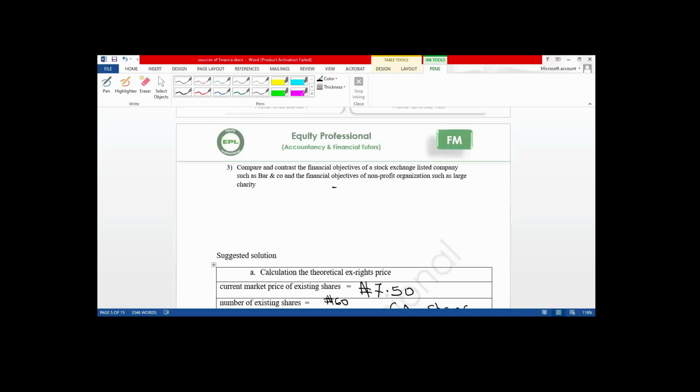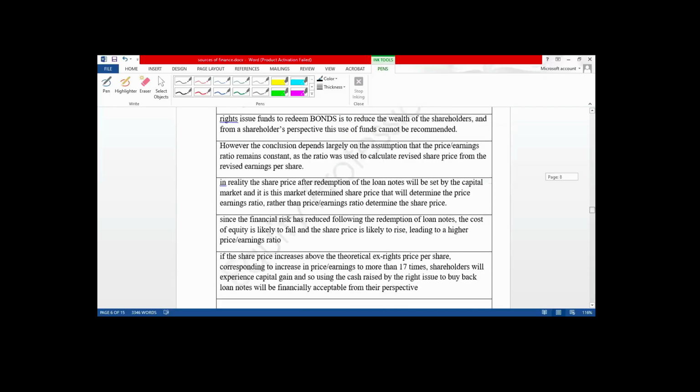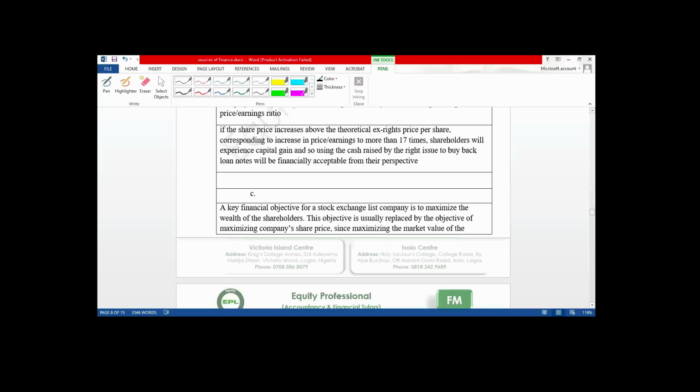What is the financial objective of a stock exchange listed company? The financial objective of a stock exchange listed company is to maximize the wealth of the shareholders. So companies are in business to maximize the wealth of the owners.